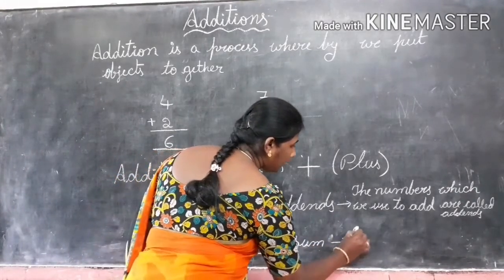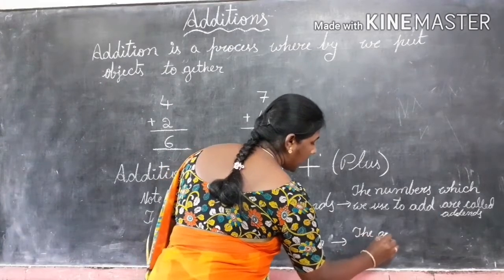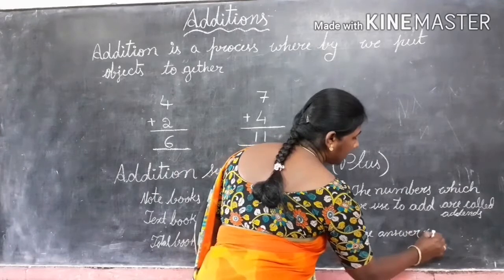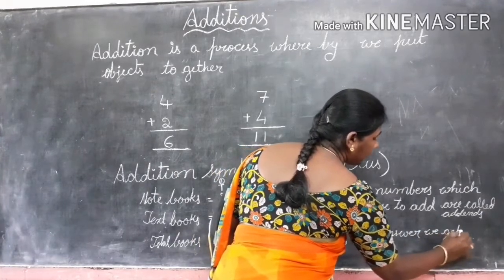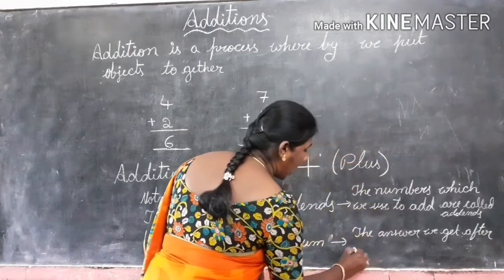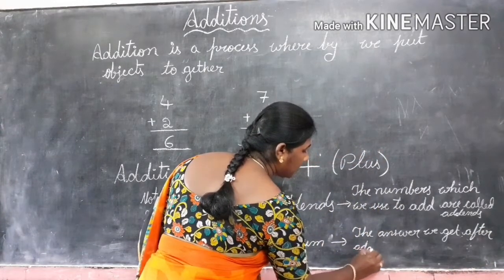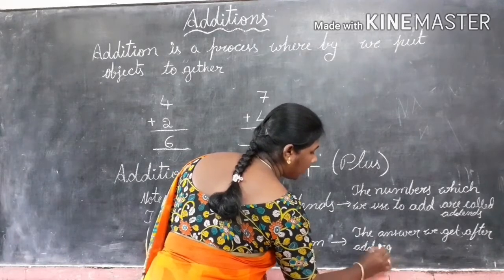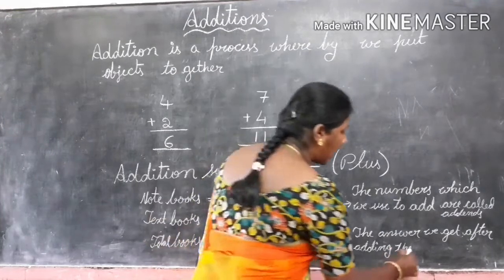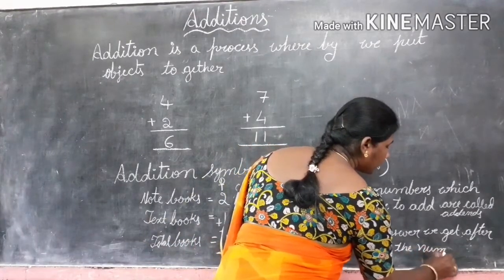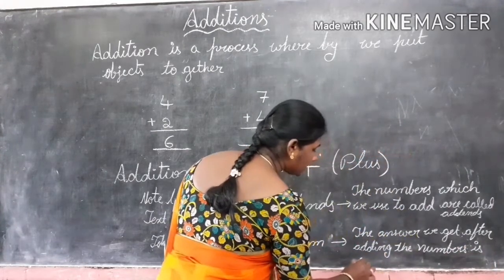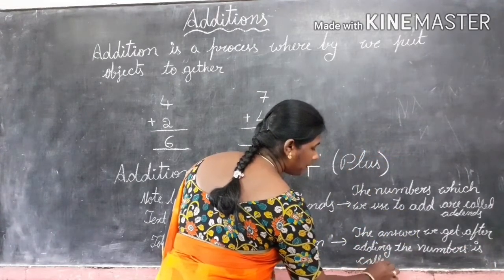The answer we get after adding the numbers is called sum.